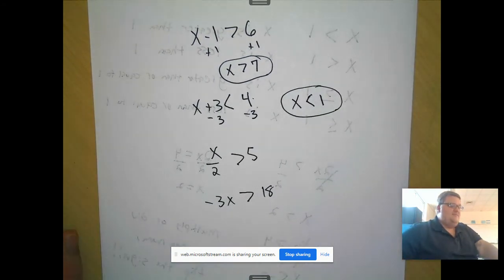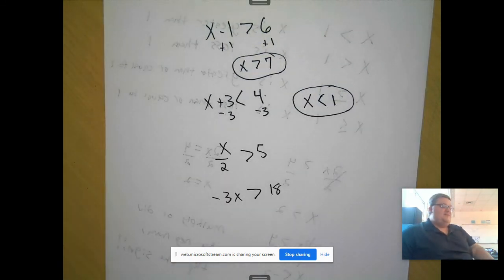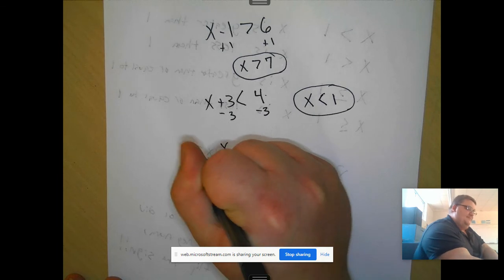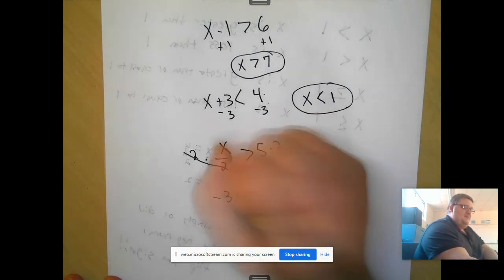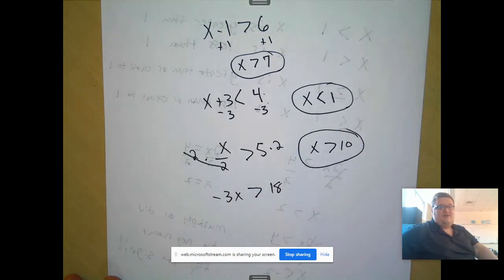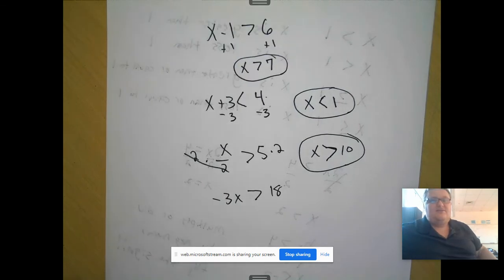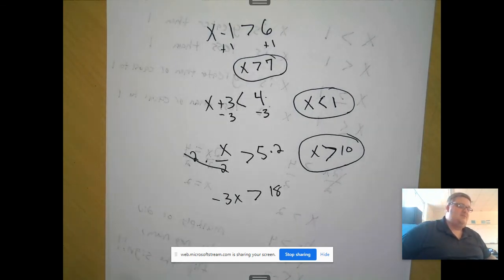X is less than 1. And then here, x divided by 2 is greater than 5. You need to do the opposite, so we need to multiply by 2. So x would be greater than 5 times 2, which is 10. And yes, my handwriting is horrible, and sometimes that can look like a 7, so always try to make sure you're doing a good job on that.